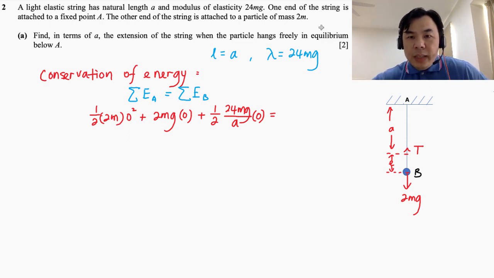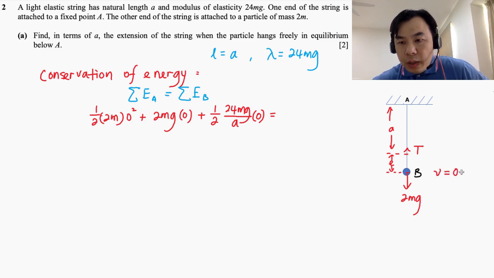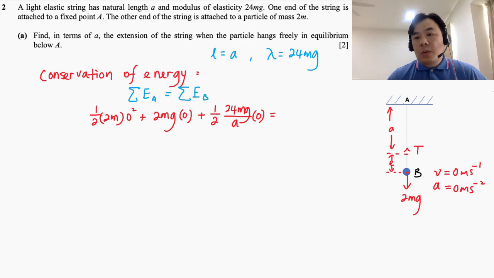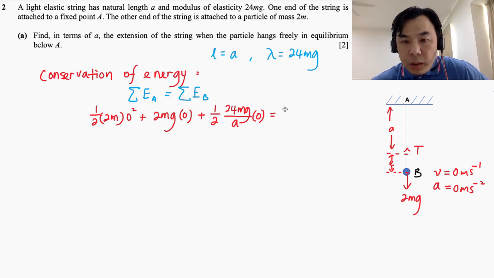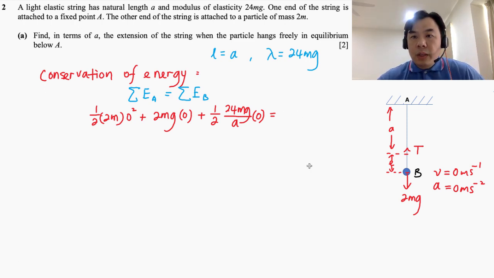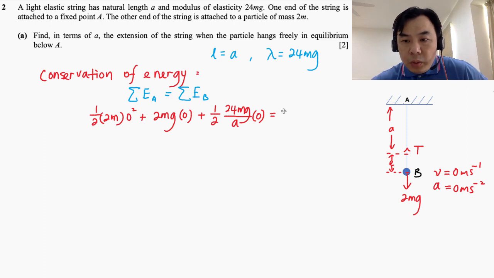Now we know that it is in equilibrium, therefore we know straight away the velocity is 0 meters per second, and at the same time acceleration is 0 meters per second squared here. Therefore, by using conservation of energy at position B, we will get something like this.